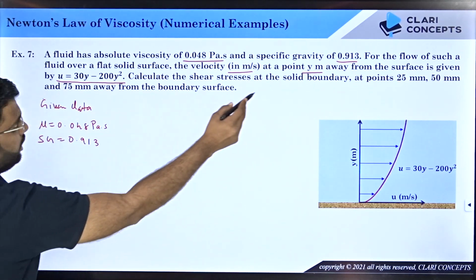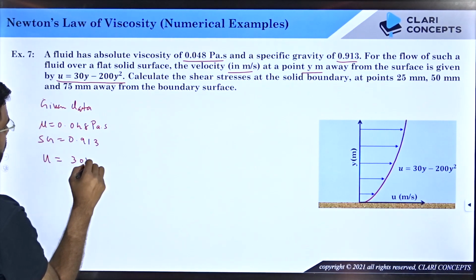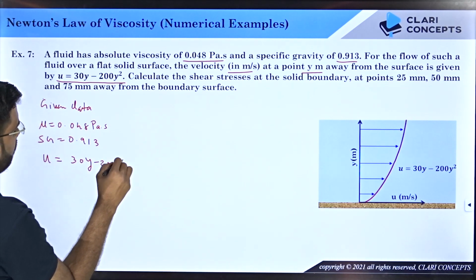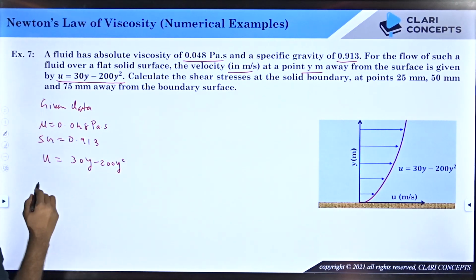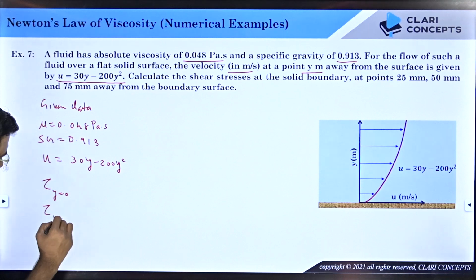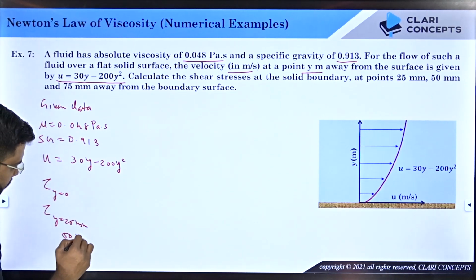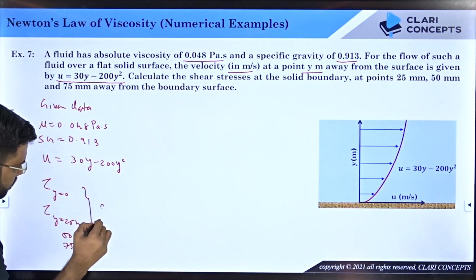Then I have been given the distribution of velocity u equals 30y minus 200y square. Calculate the shear stress. I need to calculate shear stress at different points at y equals 0, at y equals 25 mm, then 50 mm and 75 mm. So all of these are question marks, right?